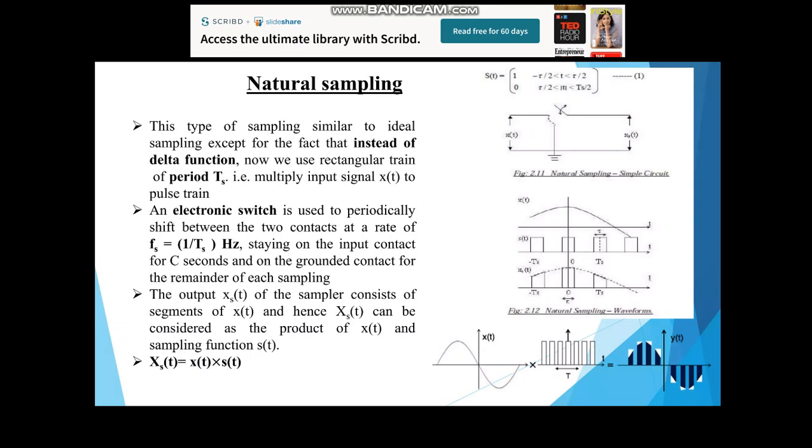An electronic switch is used to periodically shift between the two contacts at a rate of Fs equal to 1 over Ts Hertz, staying on the input contact for c seconds and on the grounded contact for the remainder of each sampling period. The output xs(t) of the sampler consists of segments of x(t), and hence xs(t) can be considered as the product of x(t) and the sampling function.